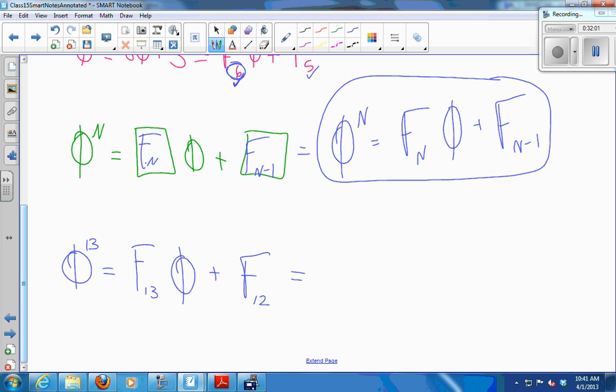F sub 13 is the 13th Fibonacci number: 1, 1, 2, 3, 5, 8, 13, 21, 34, 55, 89, 144, 233. I think 233 is the next one. Plus F12, which was 144.